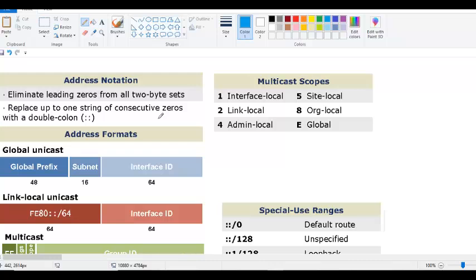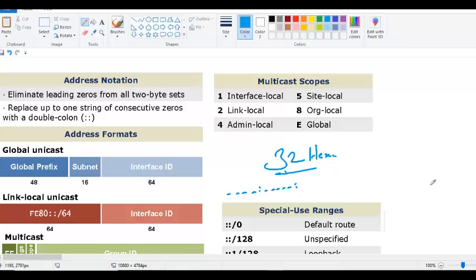And we also saw in hex, when you write an IPv6 address, it will be 32 hex digits. So 32 hex digits, if you make it 4 in a group separated by a colon, how many will come? 8 groups, right?